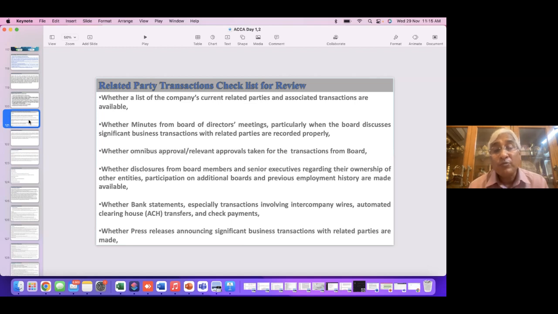So, whether disclosures from the board members and senior executives regarding their ownership of other entities, participation on additional boards and previous employment history are made available. Think of a situation when a present board member is agreeing to transact at a particular price, or on particular decisions, with another company. Presently he is not in that company, but just before joining this company, or after joining this company, he left the other company with whom they are going to transact now.